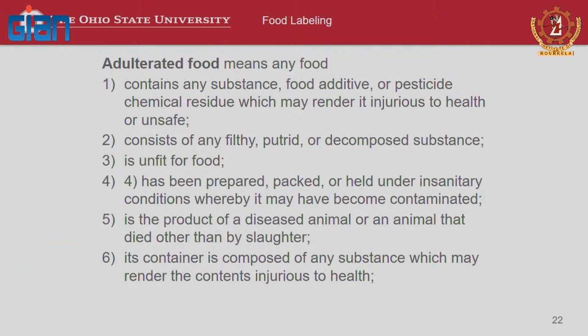So, we talk about adulteration. You want to avoid pesticide and chemical residue which cause unsafety, and you also try to avoid any decomposed substances, filthy substances, processing in unsanitary conditions, and intentionally processing a product from a diseased animal.